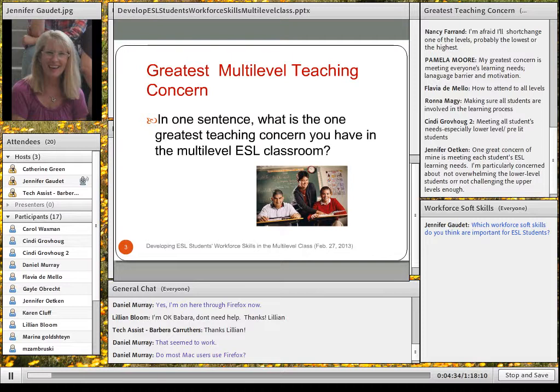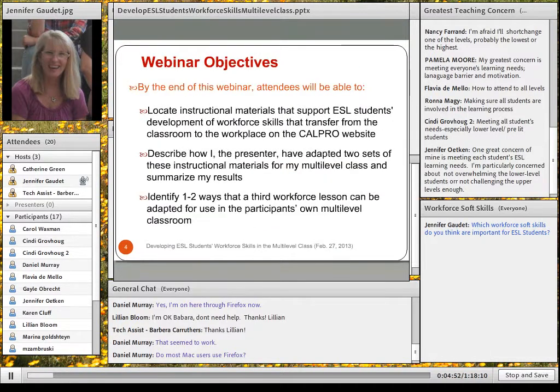Okay, greatest concern is meeting each student's ESL learning needs. I'm particularly concerned about not overwhelming the lower level students, nor not challenging upper level students. Okay, very, very good. Let's go on, and we'll see how we can collaborate to meet these concerns that you have.